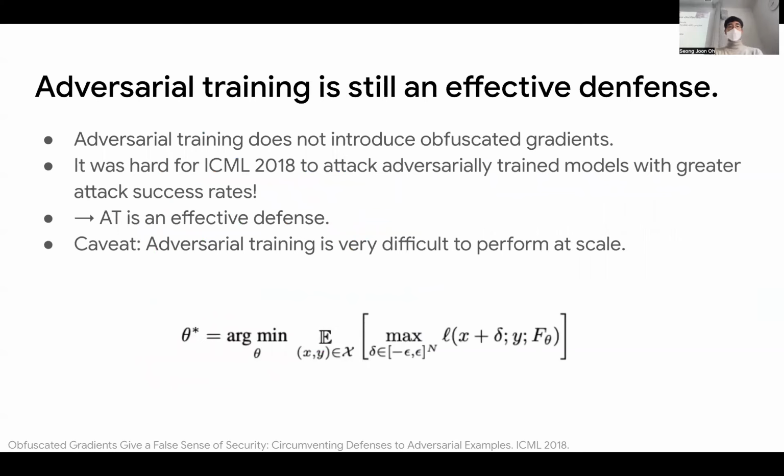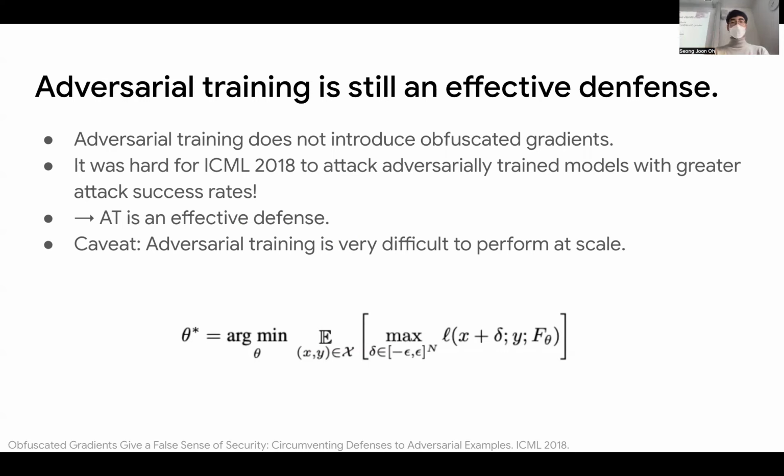One comment on adversarial training given by this paper is that even for this ICML 2018 paper, it was hard to attack adversarially trained models with great attack success rates. So that means adversarial training is still an effective defense, according to these people. Although it may still be possible that even after adversarial training, there may be some adversarial attack within the L infinity or Lp ball that's still adversarial to the model.